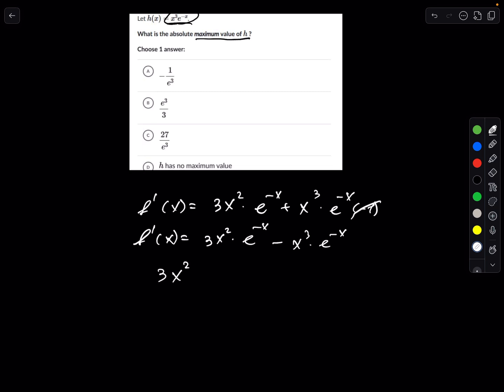So we will make all this equal to 0. Then we can factor out our e to the negative x. And here, there is no value of x where this can be equal to 0. So we're going to primarily focus on what's inside the parentheses.